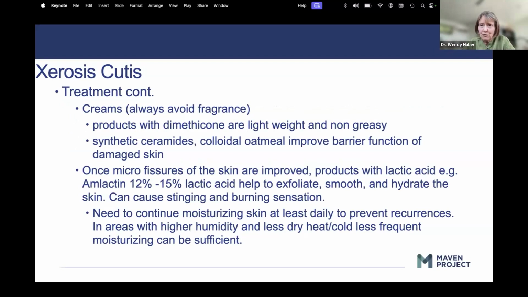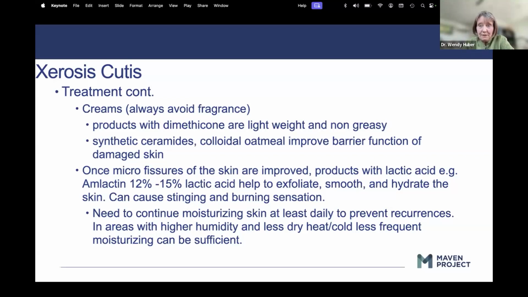Now, once the microfissures of the skin are improved and the skin is looking a lot better, a lot of my patients liked products with lactic acid. So lactic acid is an exfoliant, but it also is a humectant. So it will actually draw water to the skin and hold it there. It applies really smooth. It doesn't leave a greasy residue.